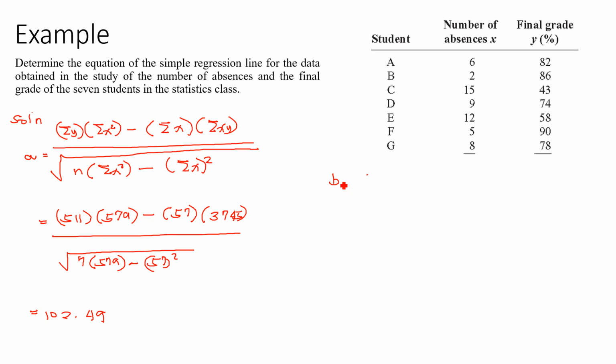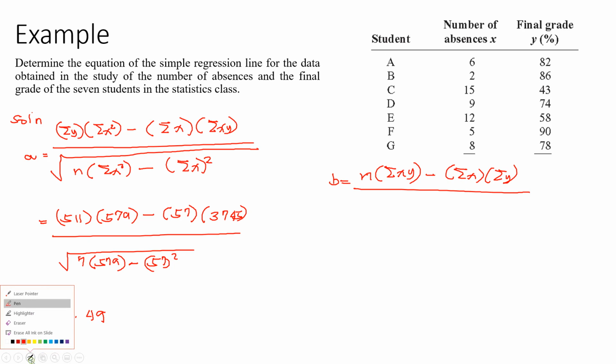So our b, we have our n times the summation of xy minus the summation of x times the summation of y, all over, by the way, there must be no square root here.